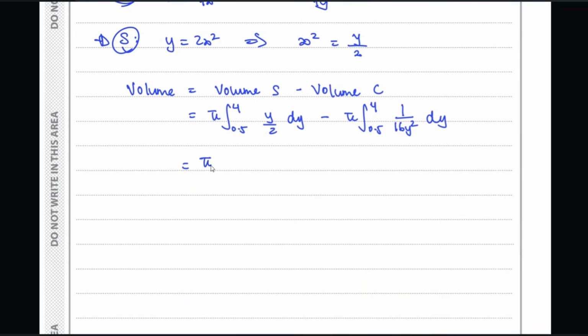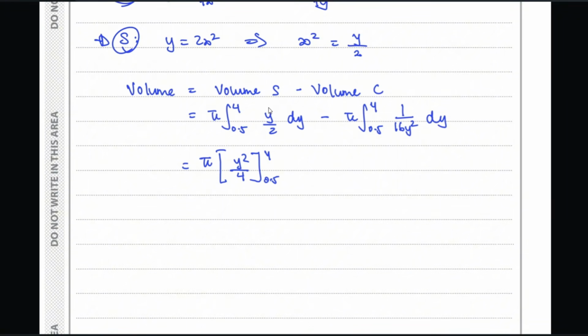So this becomes pi times, let's integrate. We have y to the power 1 right now. We need to add 1 more to the power, so it becomes y squared, and then we divide by 2, so it becomes y squared over 4. We apply the limits 4 and 0.5.